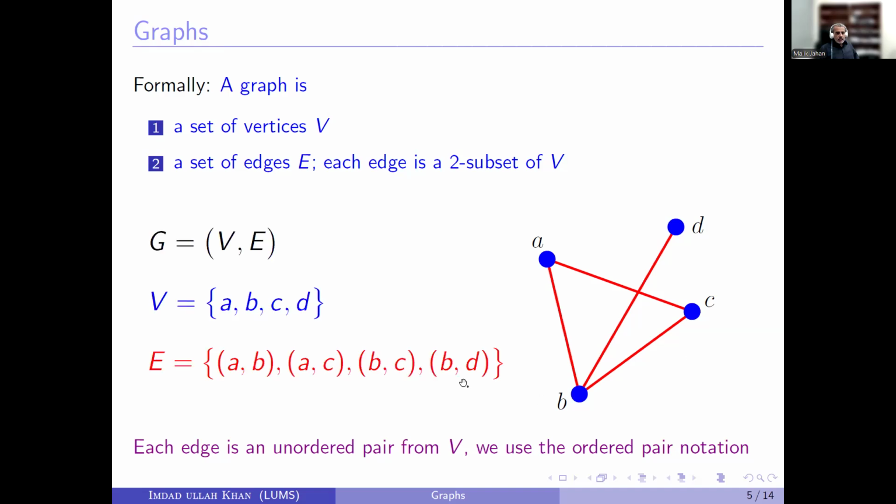For this particular example, you can see that the graph is composed of two sets, V and E. V contains four vertices and E contains four edges, and each edge is represented as a pair. Because the graph is undirected, the directions are not important at this stage, so we can write those edges in any order. We'll have to be more careful about the ordering of elements within a pair when we notate a directed graph using ordered pairs.